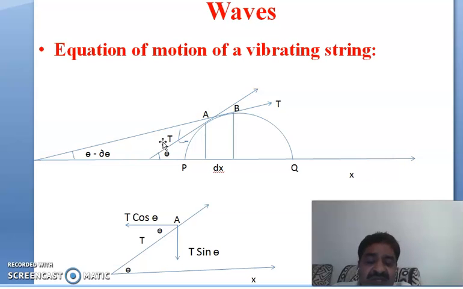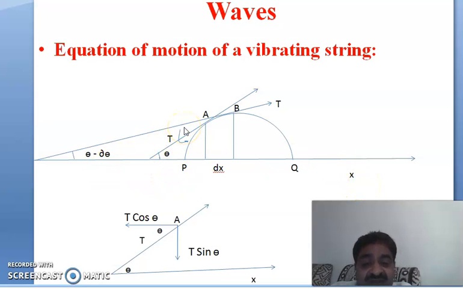I mean theta minus delta theta is the angle made by the tangent at B to this loop PQ, and theta is the angle made by the tangent at A with the x-axis. So this tension T at A is inclined to the x-axis.